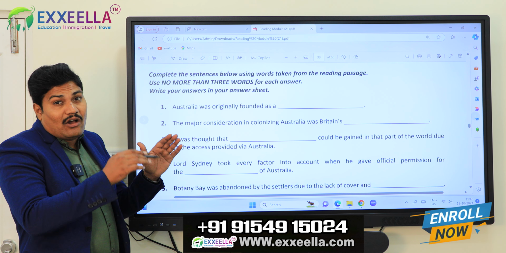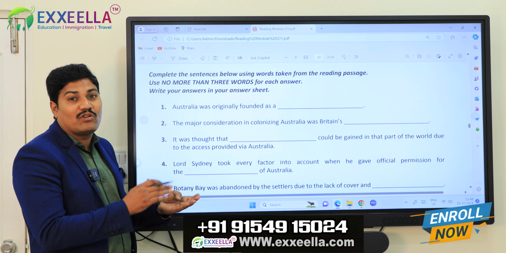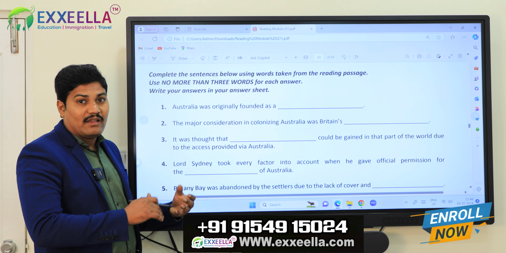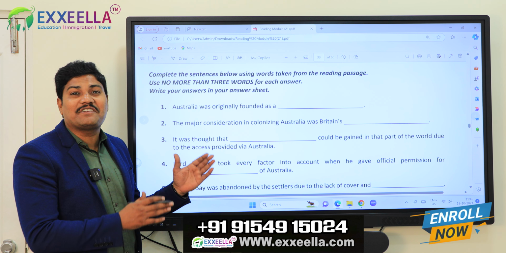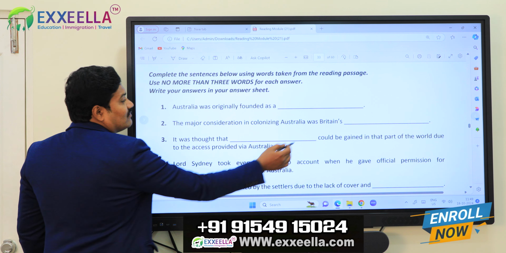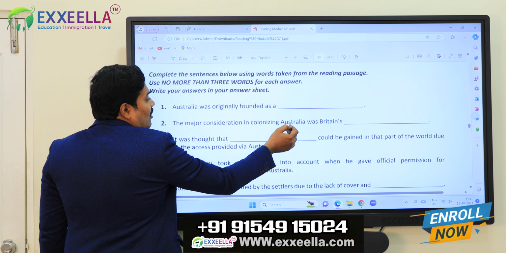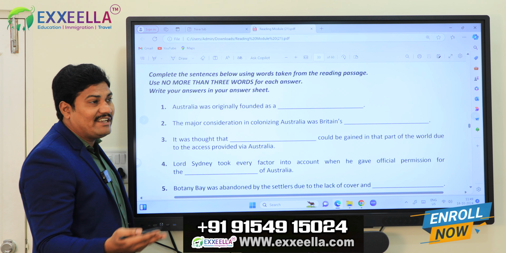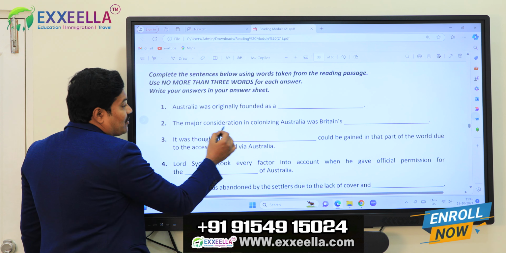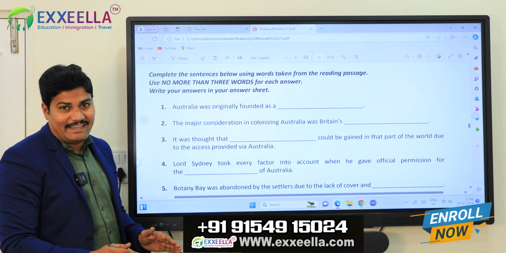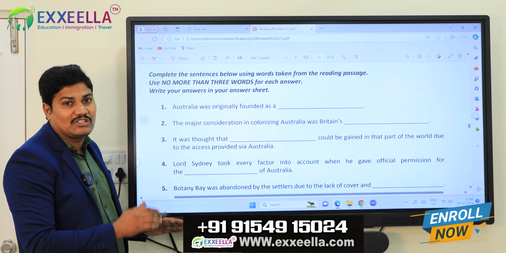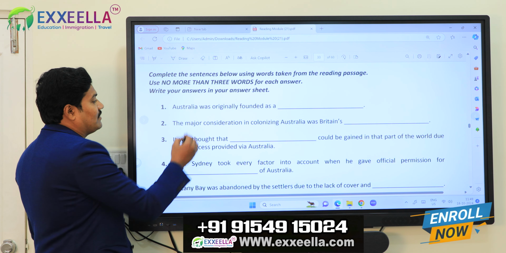As I already mentioned, when we have country names or any particular nouns, we can directly search for that information in the passage. Britain and Australia are the country names we have. All these are the important keywords. Now let's identify where that information is.